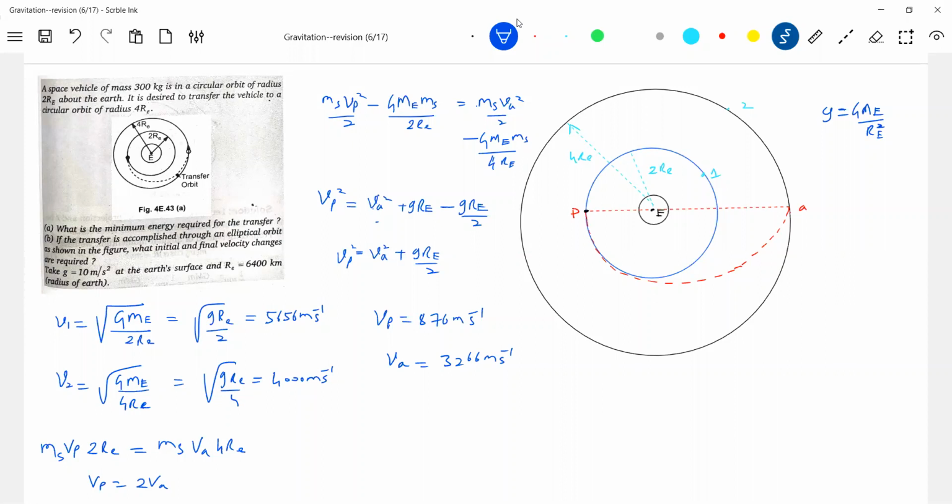Sir, you gave VP equal to 2VA, or sir, the calculation will be wrong. Apogee. Sorry, this is apogee. Perigee will be 876. Here you gave VP equal to 2VA, or sir, this is not satisfying that equation.